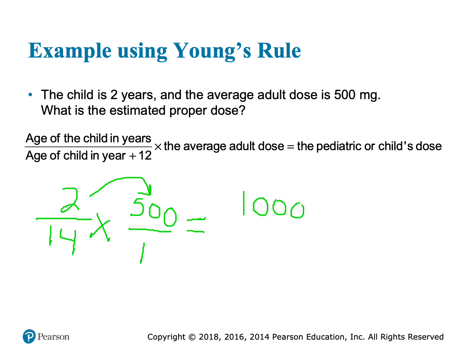And then when we multiply 14 by 1, that gives us 14. And then we simply divide to get our decimal, which is approximately 71 milligrams. All right, so that would be our child dose.